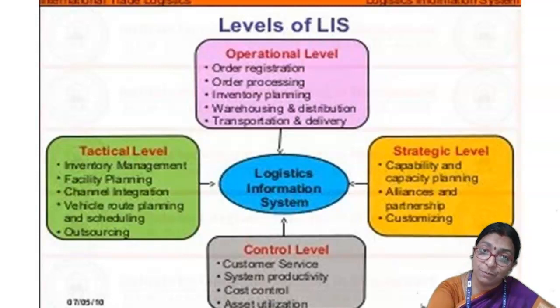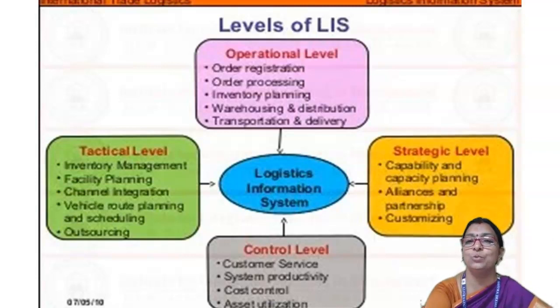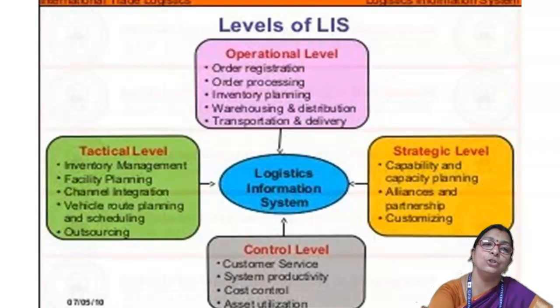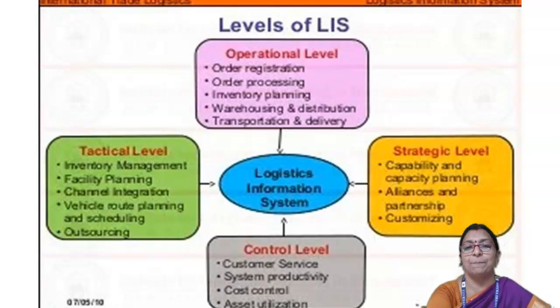So the information system is required to facilitate the planning of delivery schedules across various channels, what I mean, the channels of distribution, to maintain a continuous inventory supply. So the integration of channel members with the distribution center is possible by a properly designed logistics information system.